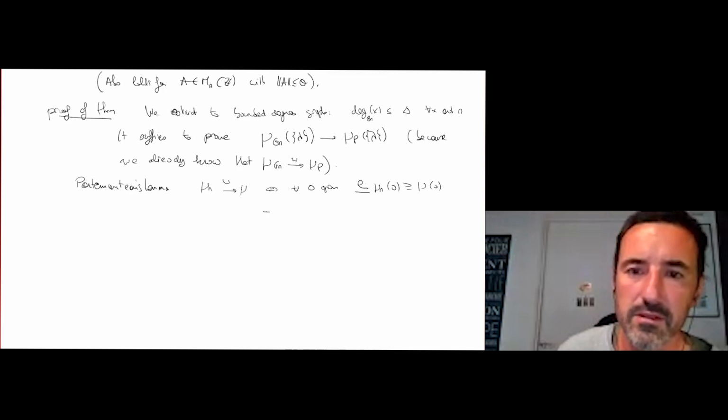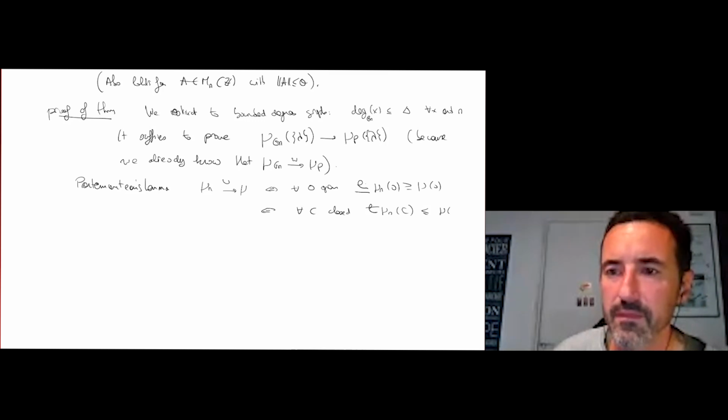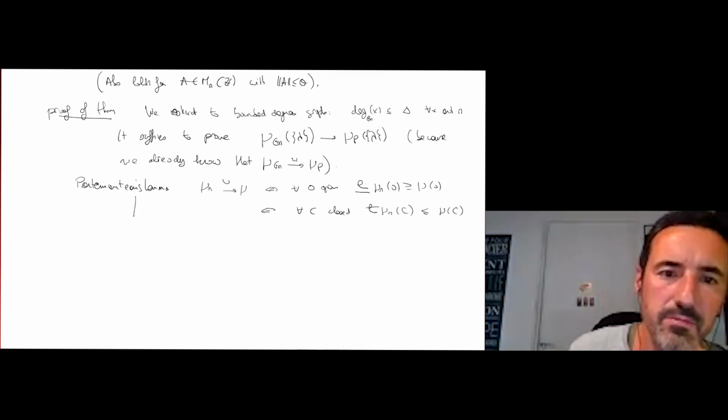And this is equivalent to, for any closed set F, the lim sup of mu_n of F is bounded by mu of F. So this is the portmanteau lemma.